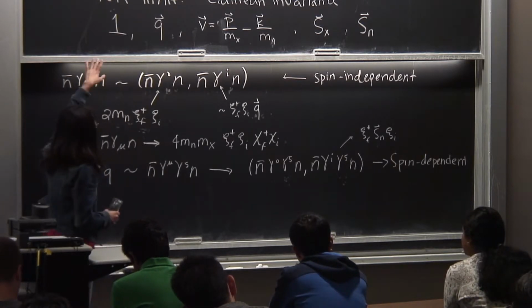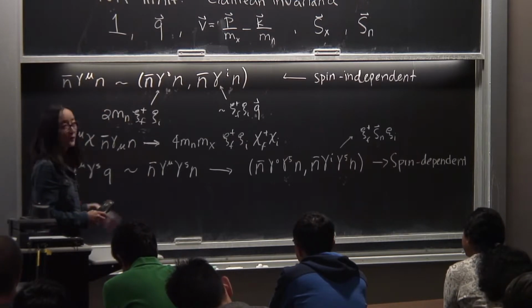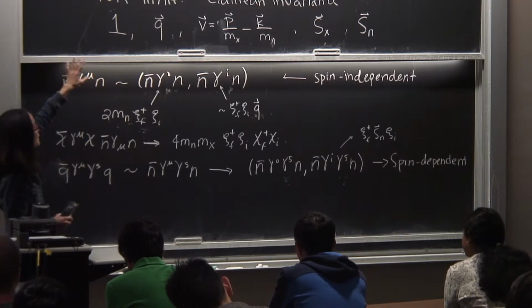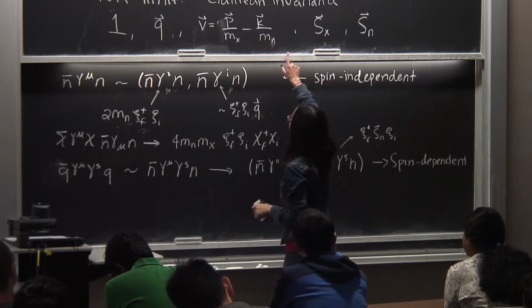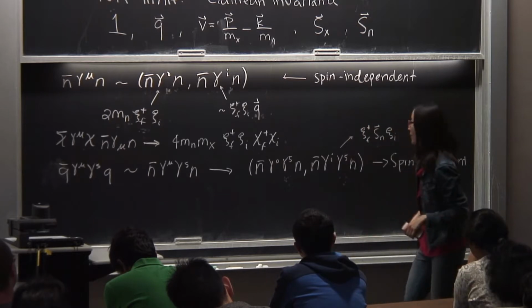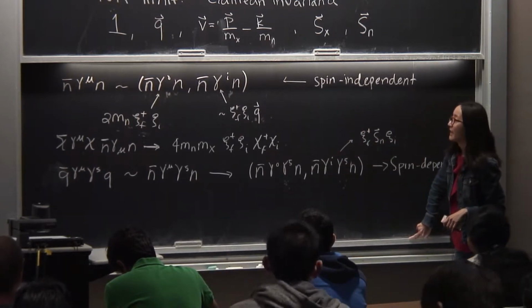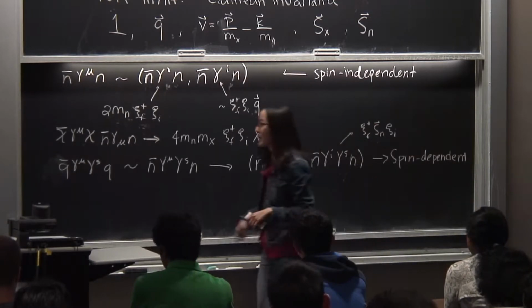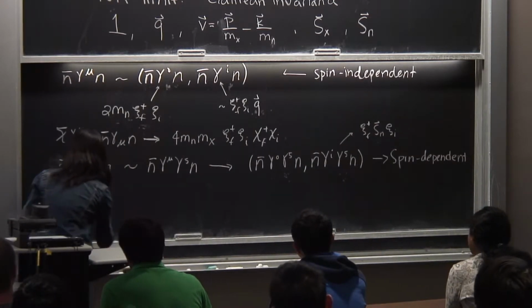Okay, so this kind of classification into the non-relativistic operators is, I find, very useful because whenever you have an operator, it helps you quickly see if it's spin dependent, or in other cases you can have a suppression by velocity, and just see what you expect. And lastly, if we look at the scalar one, that one also is spin dependent.